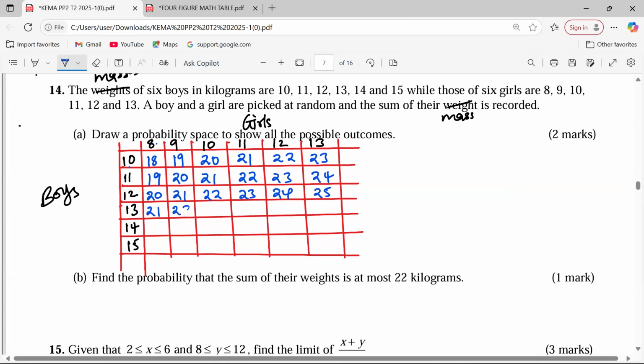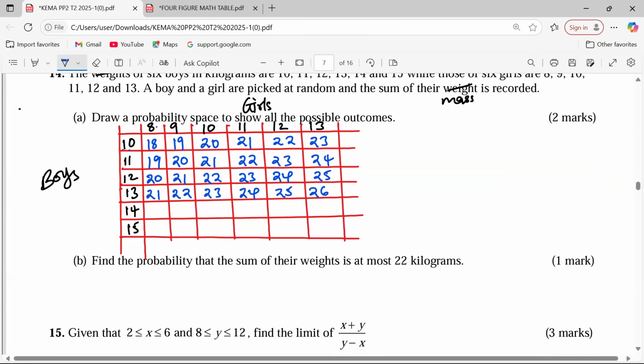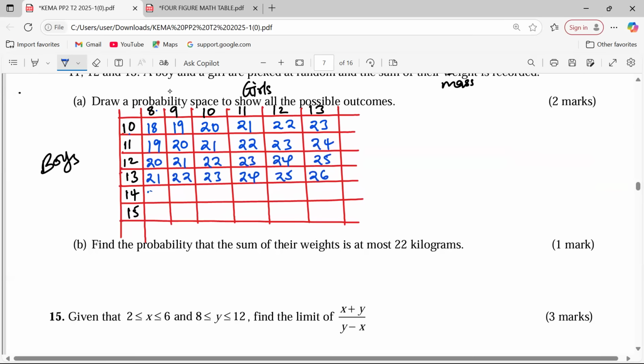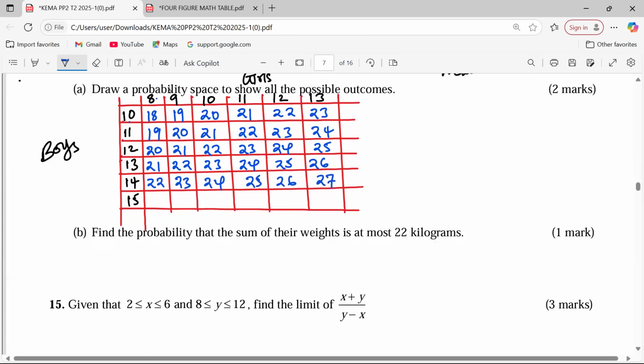The next should be 22, 23, 24, 25, 26. 14 and 8, 22, 23, 24, 25, 26, 27. I'm adding everything. 14 plus 13, 27 that way. Then 15 plus 8, 23. 15 and 9, 24. 15 and 10, 25. 15 and 11, 26. 15 and 12, 27. 15 and 13, 28 that way.